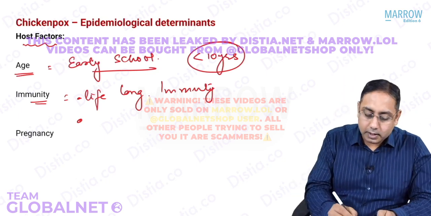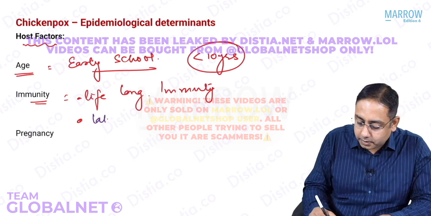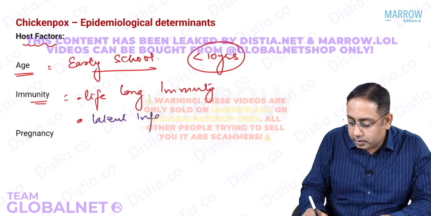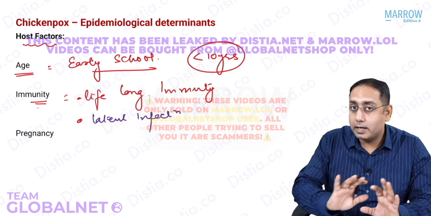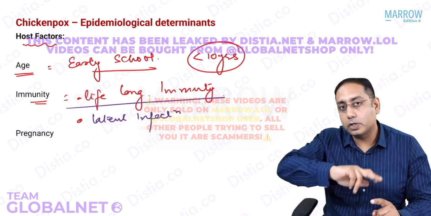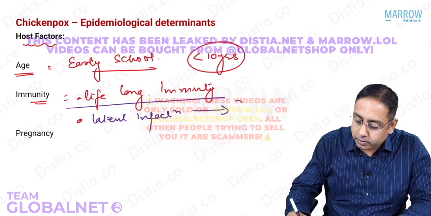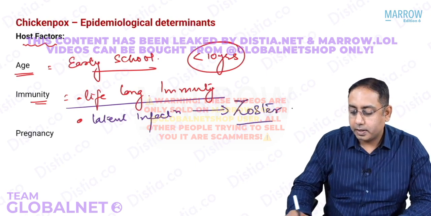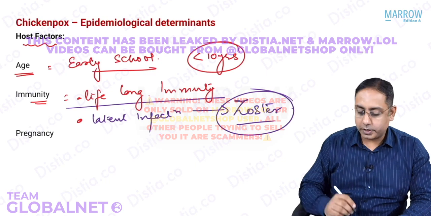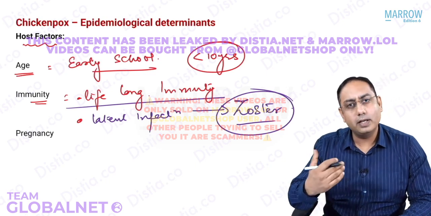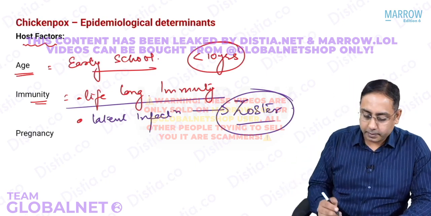So there is a chance of latent infection. Chickenpox will not develop again, but if the infection was latent in the body, it may end up as a zoster infection, that is, a reactivation of a latent infection.